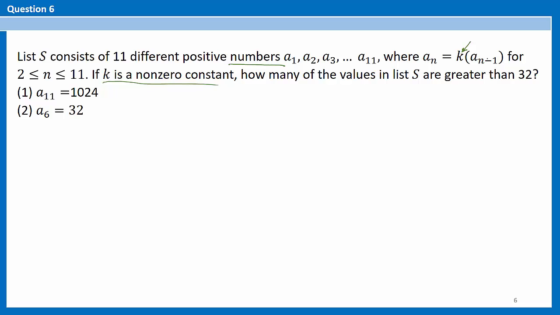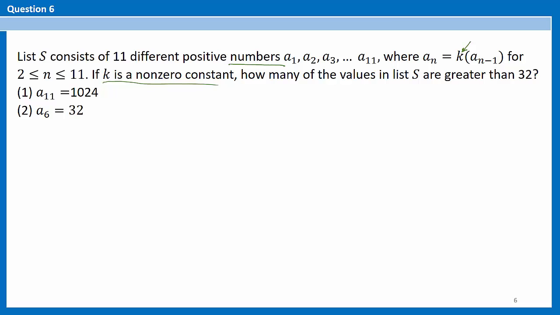But if it were, for example, a fraction, like 0.5, when you multiply by the previous number, that would make it smaller. So it depends on k if the sequence is going upwards or downwards.